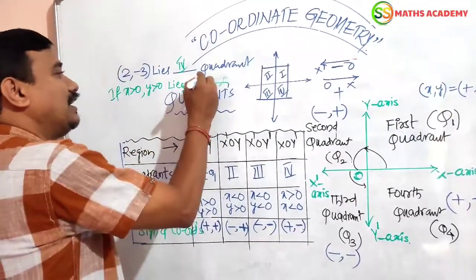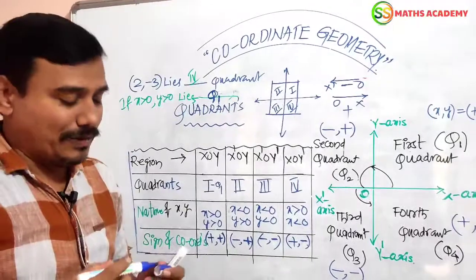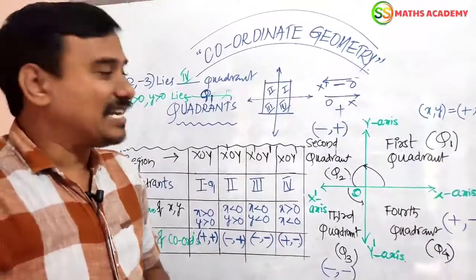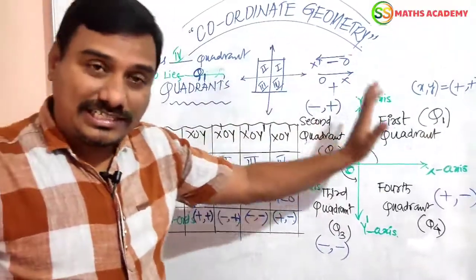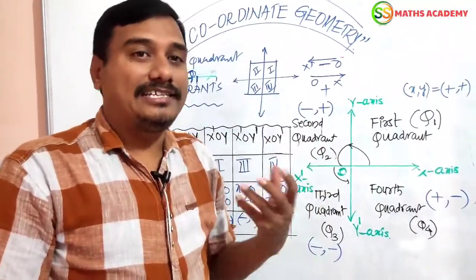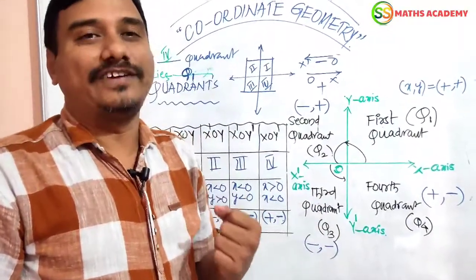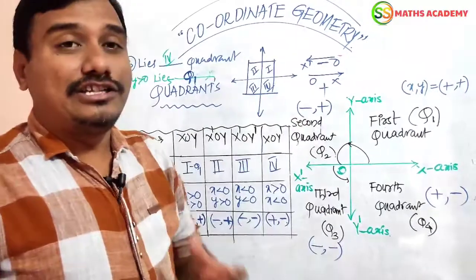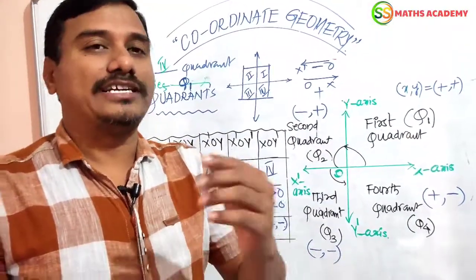Your answer is Q1, or you can write first quadrant also, no problem. This is the way we have to understand the quadrants of a Cartesian plane, and also the first one I discussed, the Cartesian point, I explained very clearly. I hope these two very important basic concepts are understood by you.